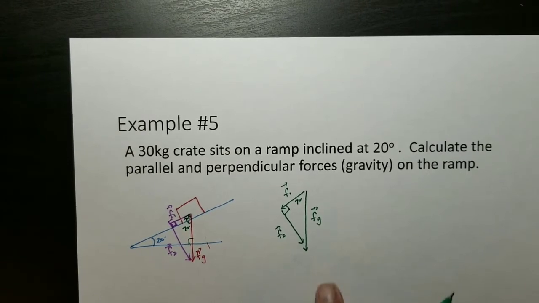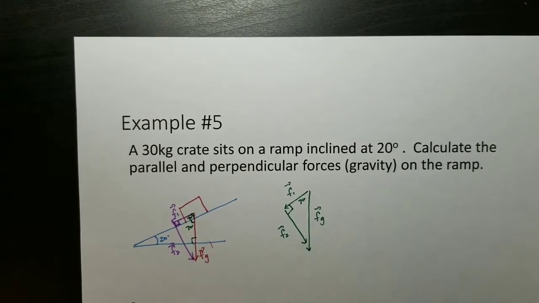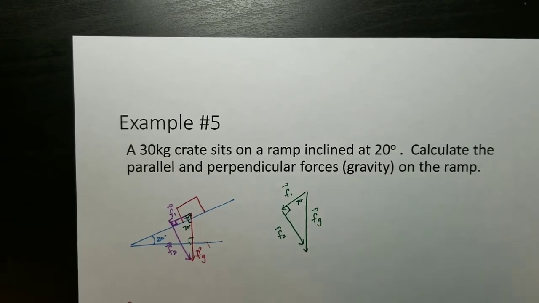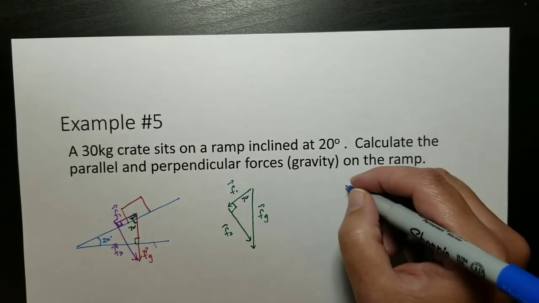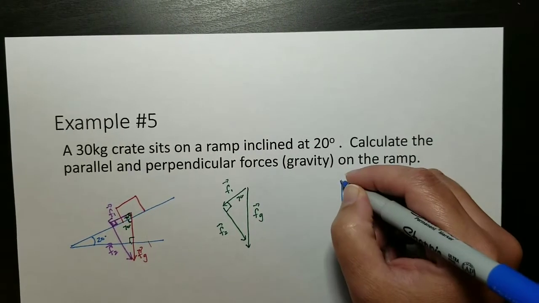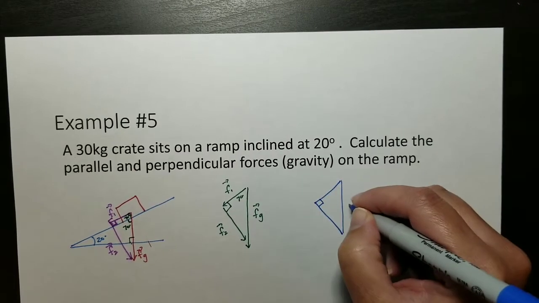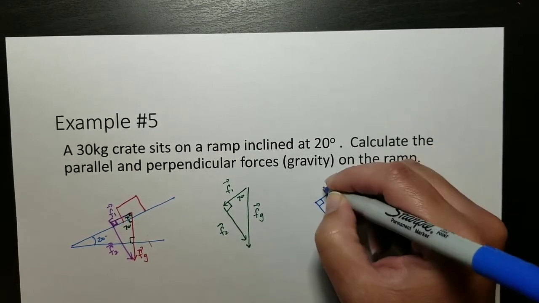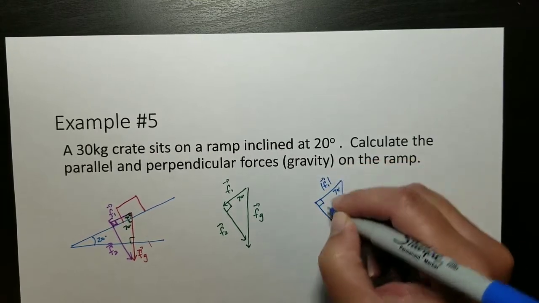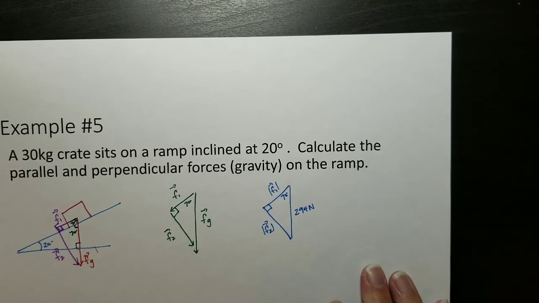However you're able to show it, just make sure you label your angles on your diagram. So once we get there, we're all set. We know that the force of gravity is 294. And then we're just going to use SOHCAHTOA to find the magnitude of F1 and F2.